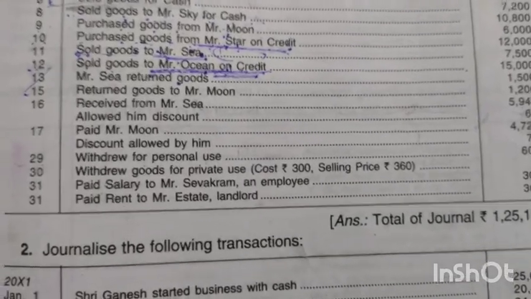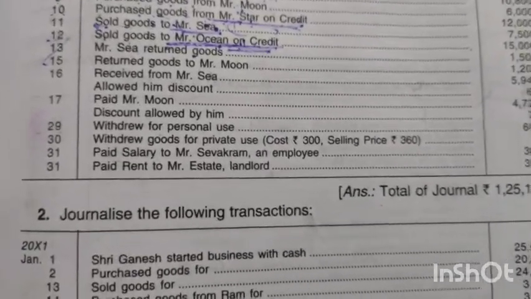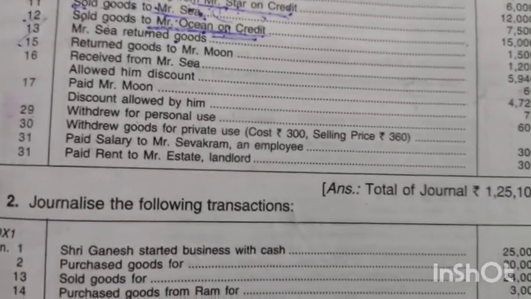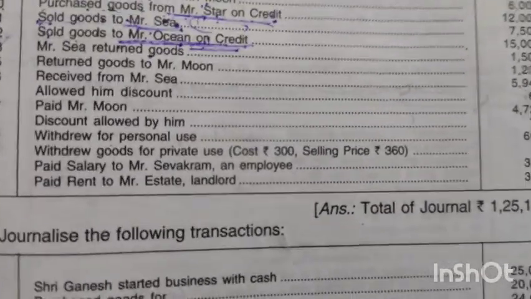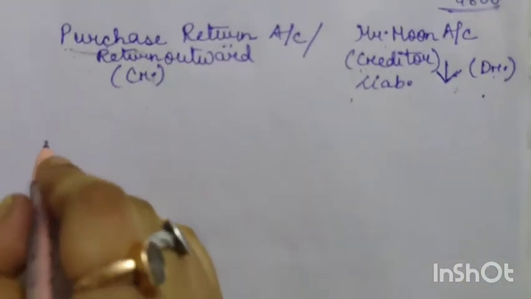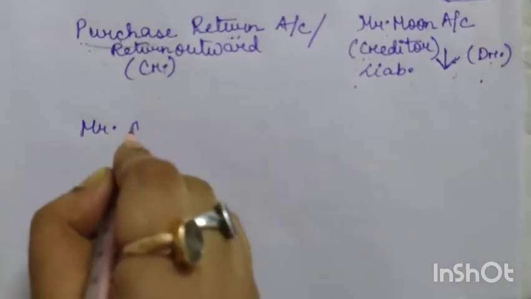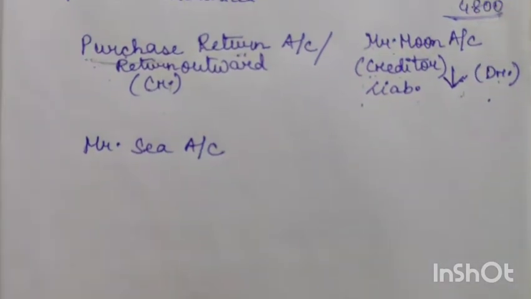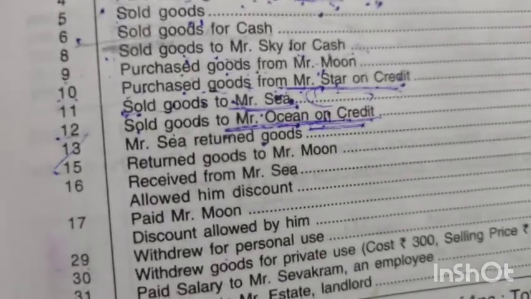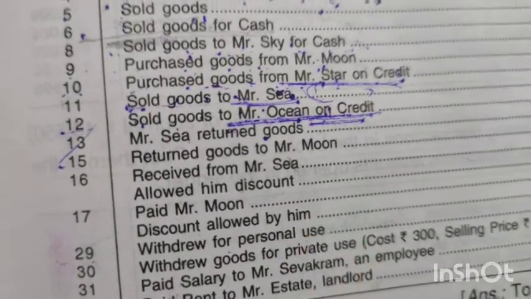So for this reason, since it is a credit transaction, as I told you again, we need to open that particular person's account. Now who is that particular person? Mr. C is that particular person. So we'll open Mr. C account, and we have allowed him discount, right? He was our customer and we have allowed him discount.